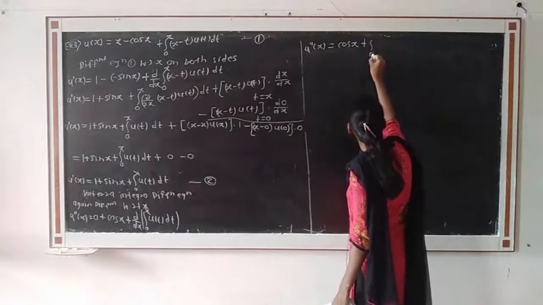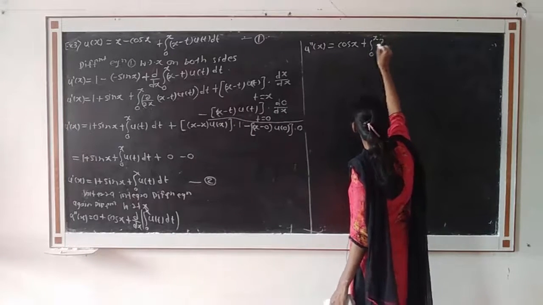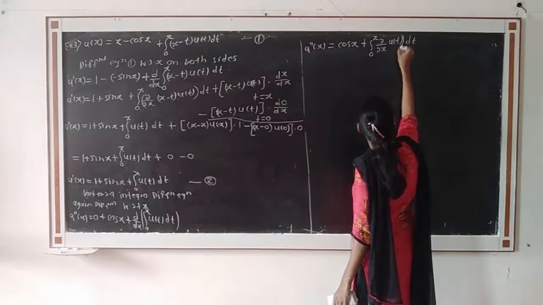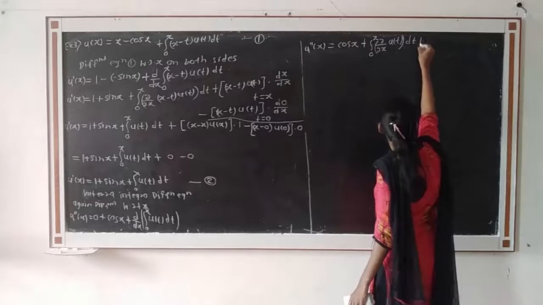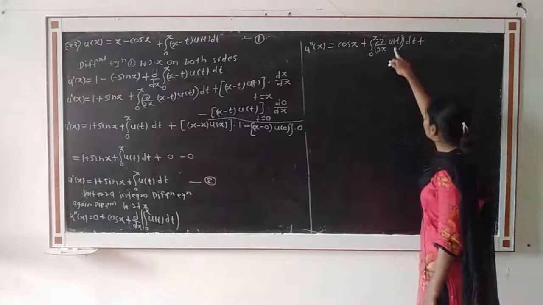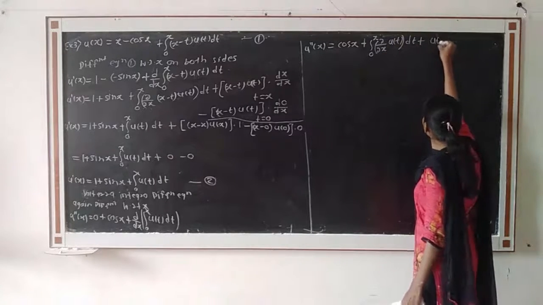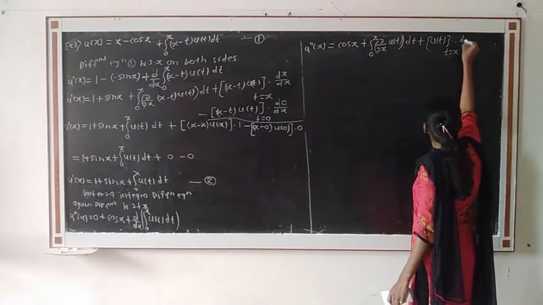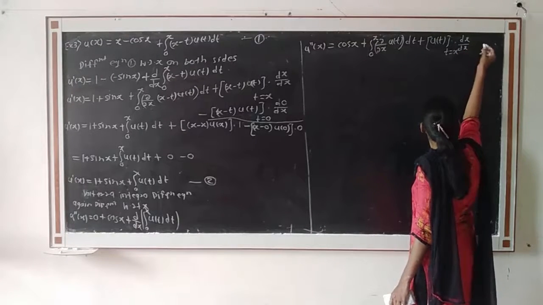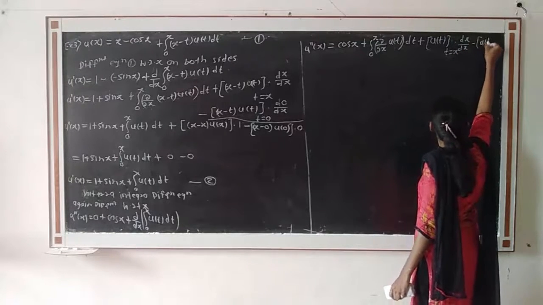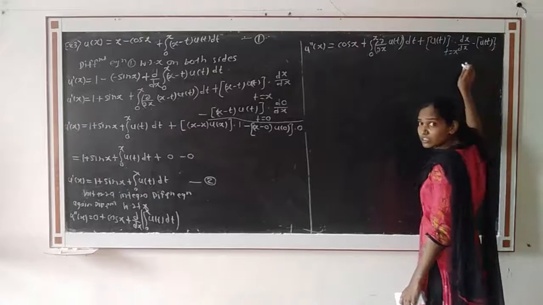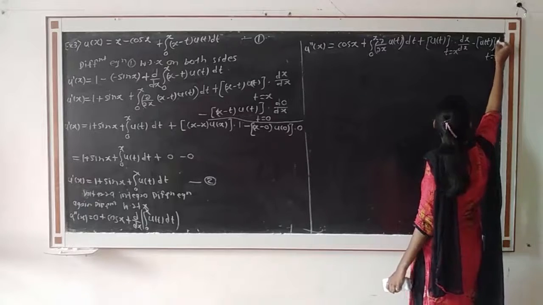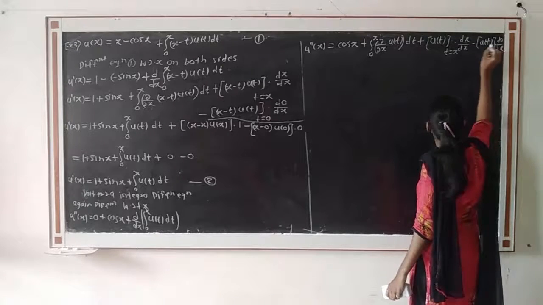That is, the integration from 0 to x of the partial derivative with respect to x of u of t dt inside the bracket, plus in the function u of t we put the upper limit, that is u of t at t is equal to x, times the derivative of x with respect to x, minus u of t at t is equal to 0, times the derivative of 0 with respect to x.